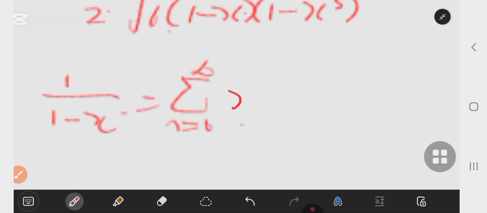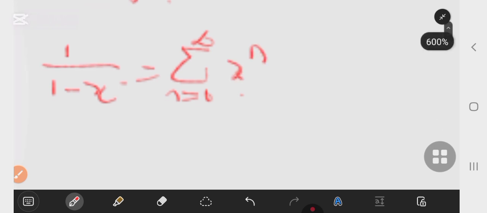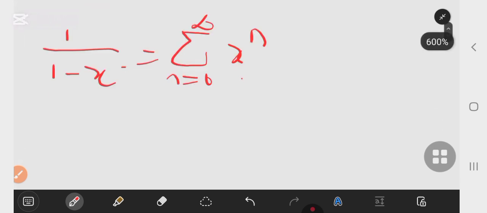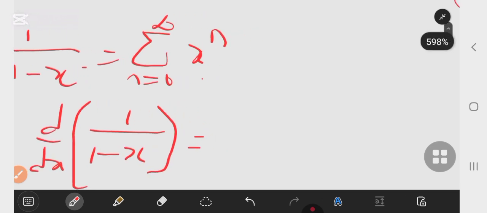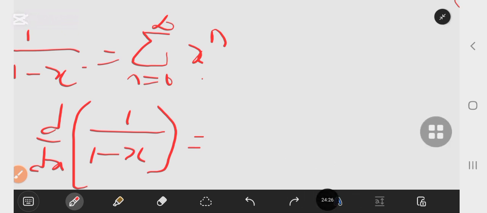Now if I differentiate both sides with respect to x, the derivative of 1 over 1 minus x is equal to 1 over 1 minus x squared.